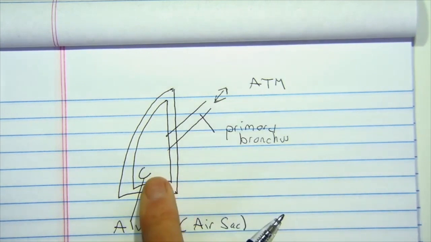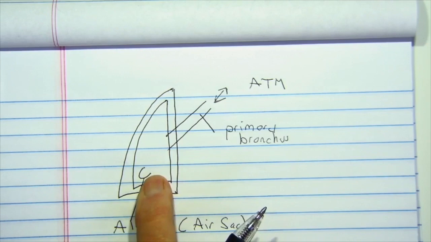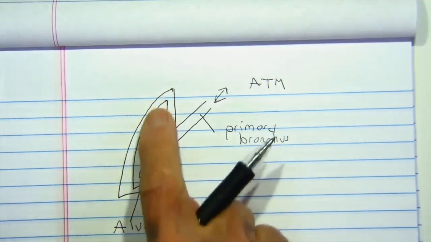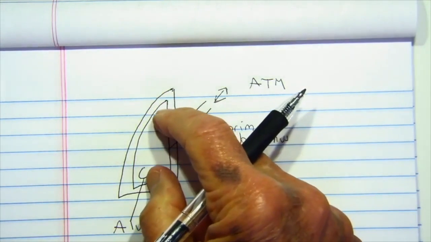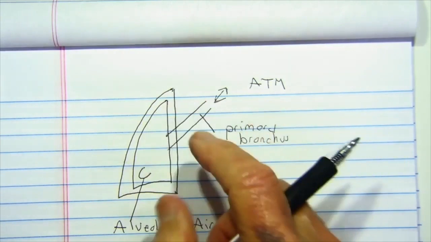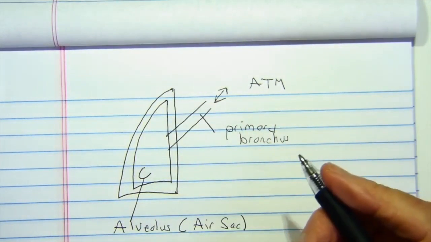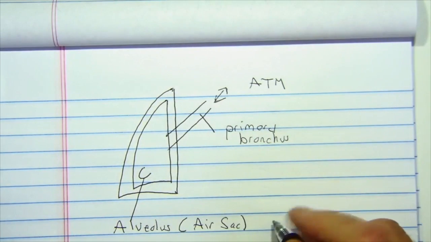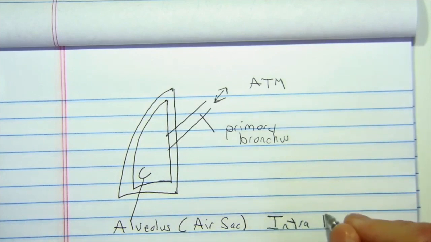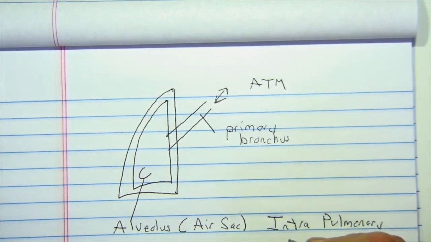And the pressure inside of that air sac, as well as the pressure inside of that lung, because it's literally a solid mass of tissue if you were to look at one when it's deflated, that pressure is actually going to be the intrapulmonary, or the intra-alveolar.